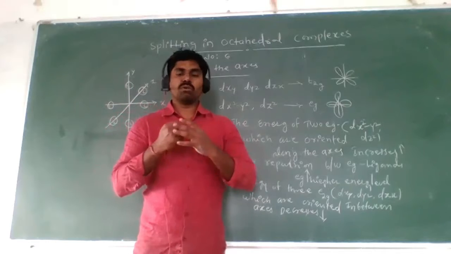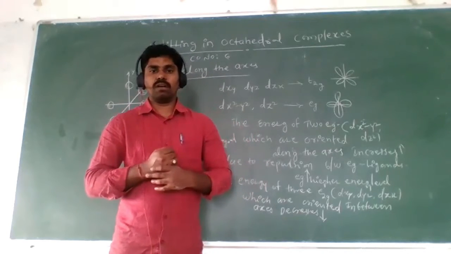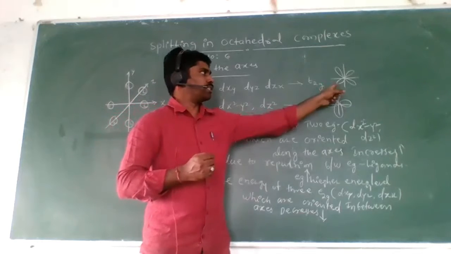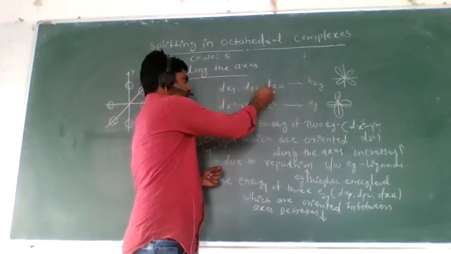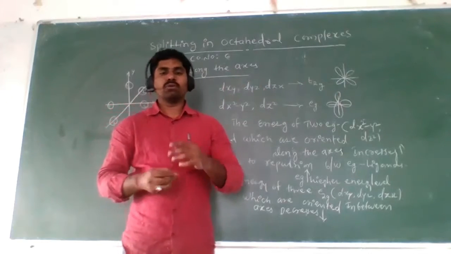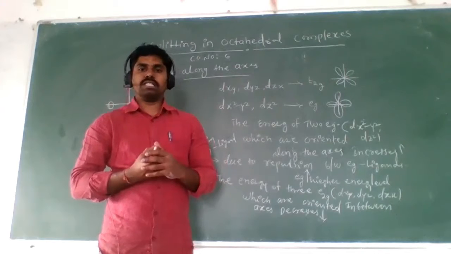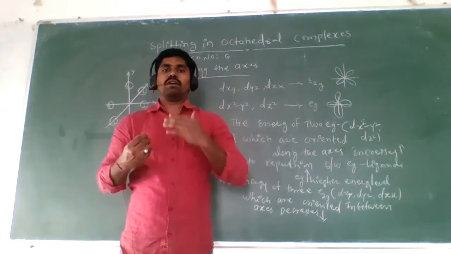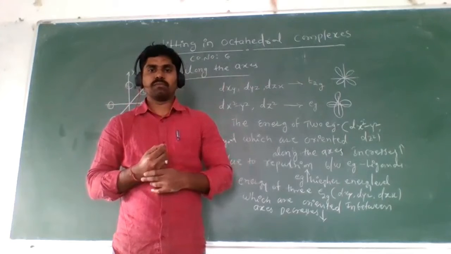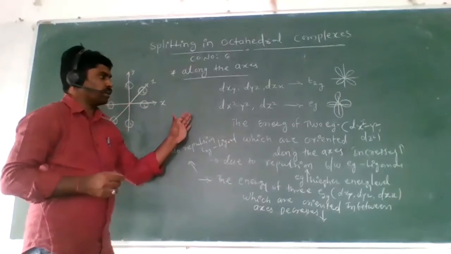There is no repulsion between the ligands and the T2g orbitals. See here, all three orbitals are oriented in between the axes, so there is no repulsion. That's why the energy of the three orbitals decreases and they go to the lower energy level. Do you understand? These are the two points.